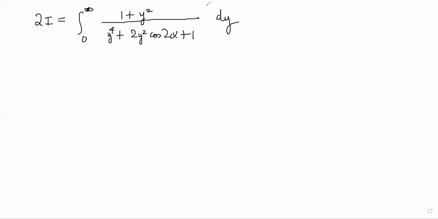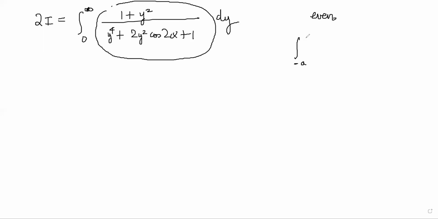Now what we can notice here is that this integrand is even. It's an even function because all the powers are even powers of y. So for even functions, you will have this property that the integral from minus a to a of f(x) dx is equal to 2 times the integral from 0 to a of f(x) dx.